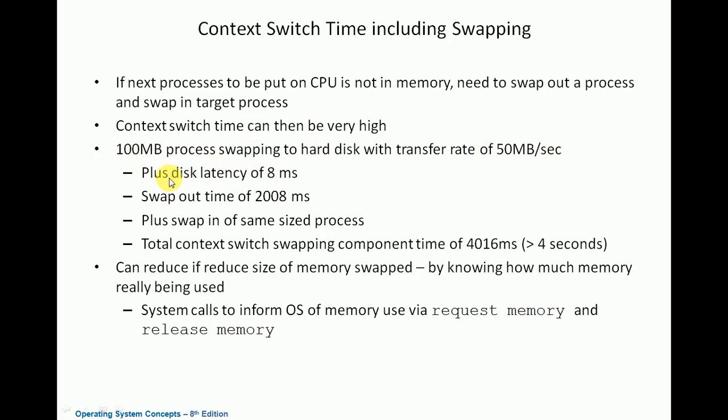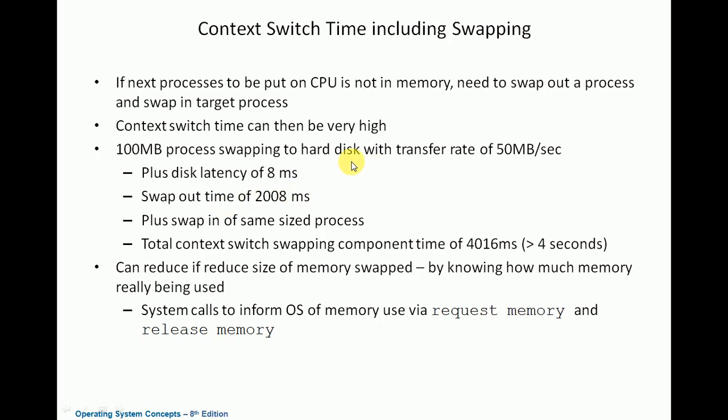And plus there is a disk latency. Latency is basically the delay to perform read or write operations in the backing storage, that is, the disk. It is 8 milliseconds. So the total swap out time will be 2008 milliseconds.